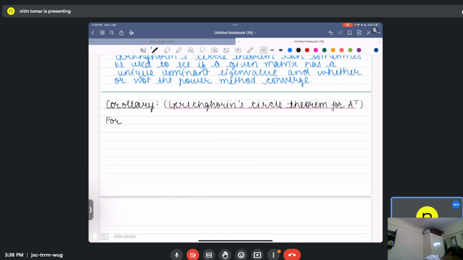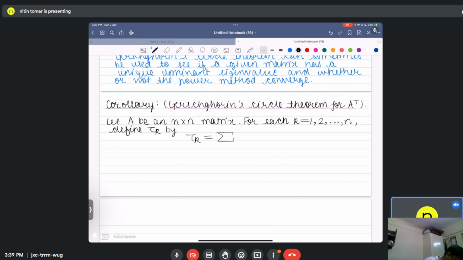Let A be an n cross n matrix. For each k equal to 1 to n, define tau k by the column sum, sum over j going from 1 to n and j not equal to k.